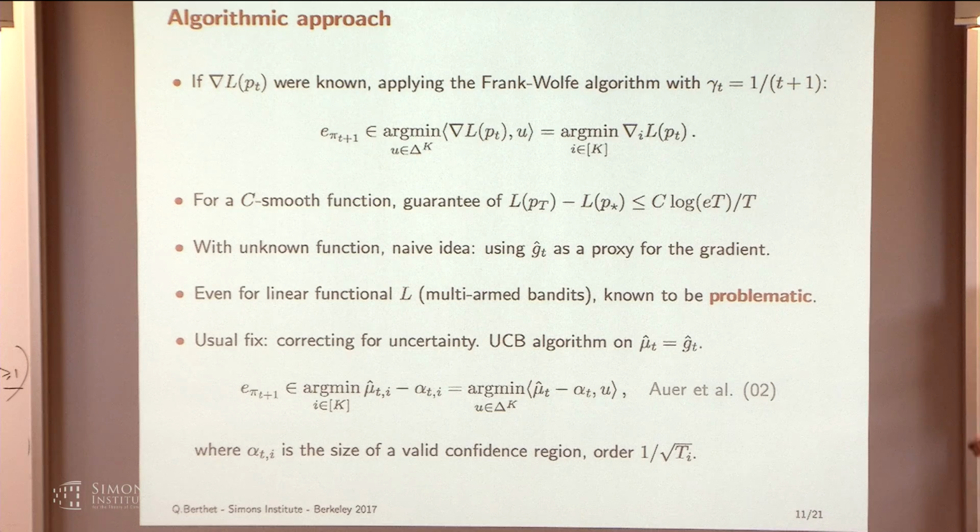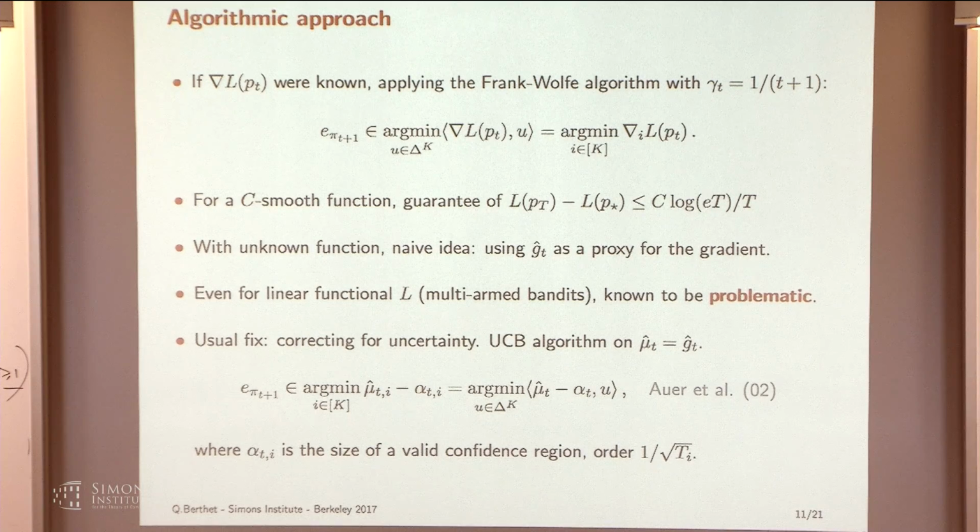And in the case of multi-arm bandit, the gradient is just going to be mu, and the estimate of the gradient is just going to be this vector of estimated mu hat. And so you just correct by the size of the confidence interval, right? So this is like taking the estimated vector and adding a vector of uncertainty. Right? And you solve this, and since 2002, we know that this has some really nice performance.